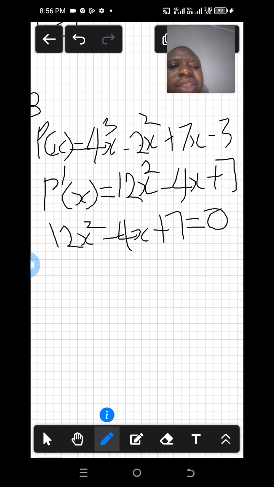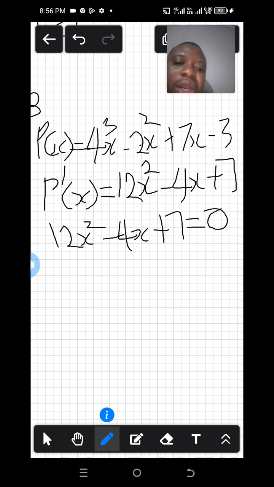This is a quadratic equation, but we need to pay attention because not every quadratic equation is solvable. So we need to use the discriminant principle to test if this equation is solvable.